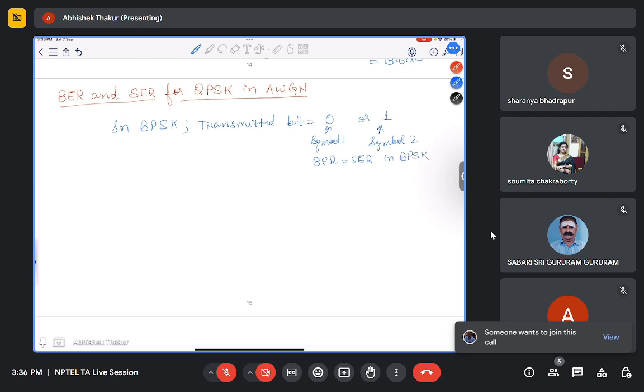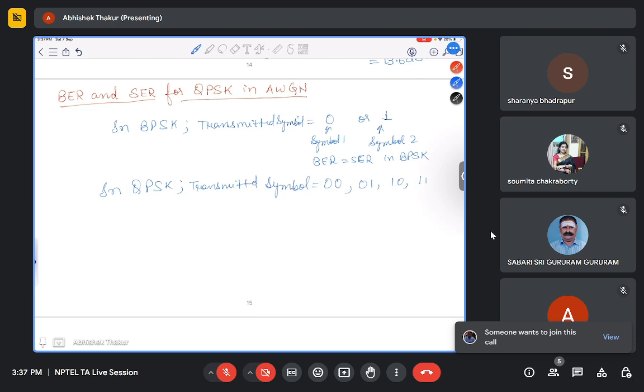Now coming to QPSK, the transmitted symbol can be 00, 01, 10, and 11.